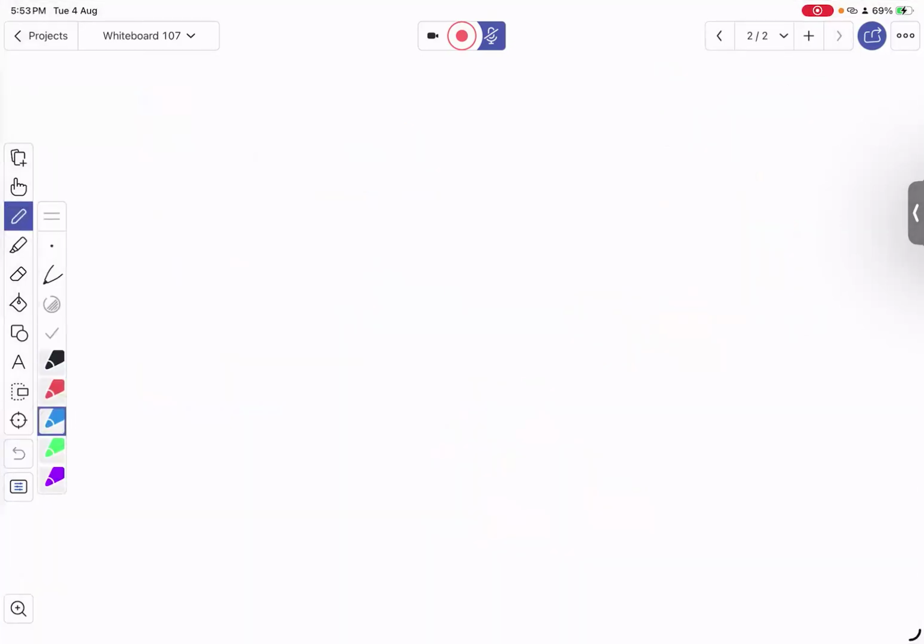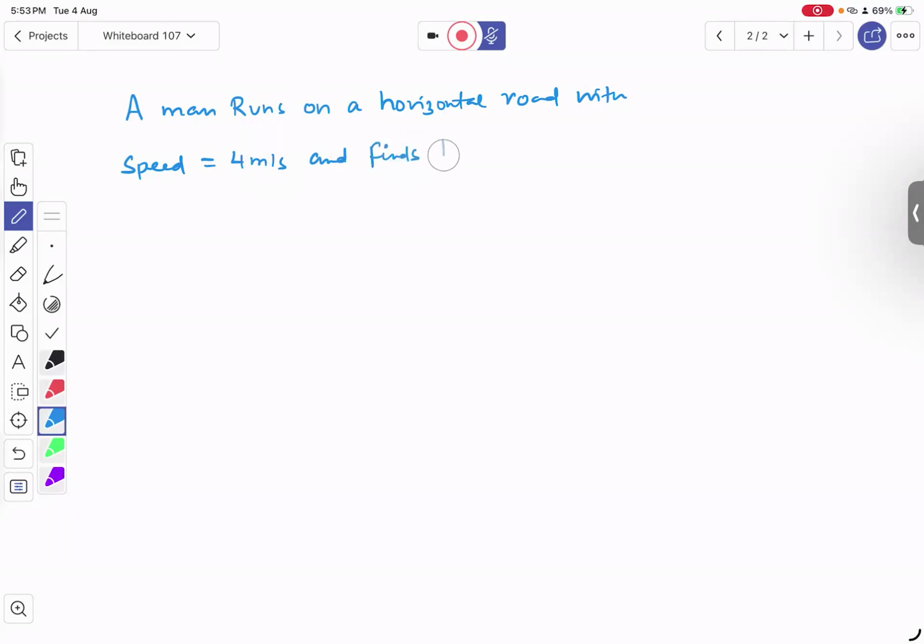So try this question. A man runs on a horizontal road with a speed equal to 4 meters per second and finds that the rain is falling vertically.